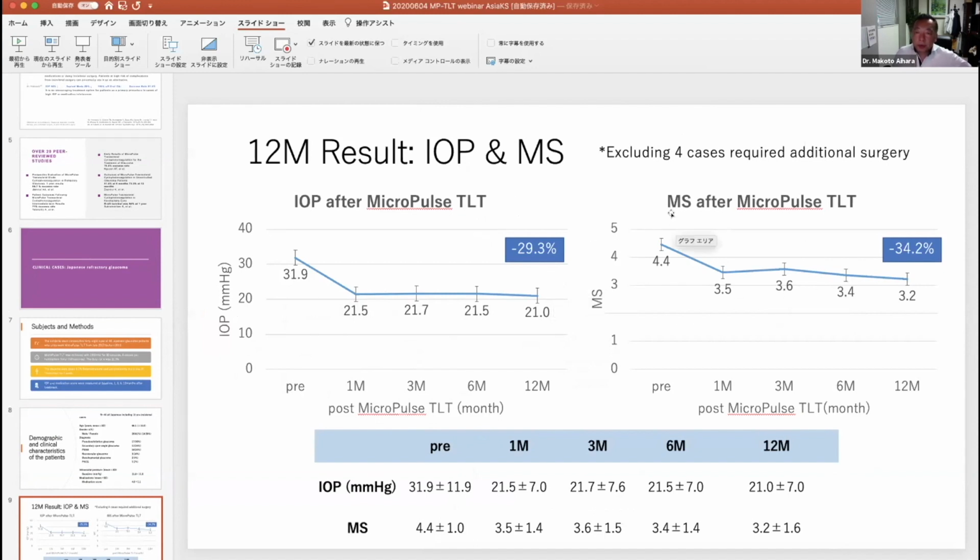Also, the medication score reduced from 4.4 to 3.2. So this is the IOP and the medication scores. The medication score reduction is 34.2%.